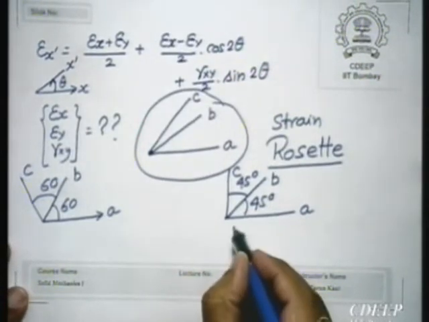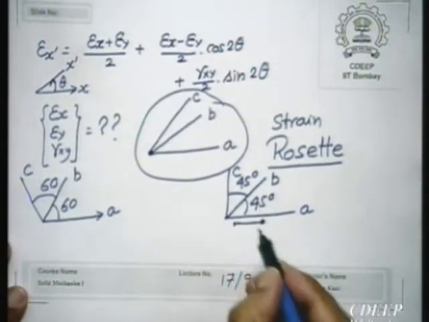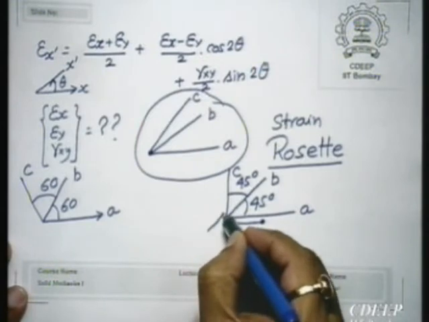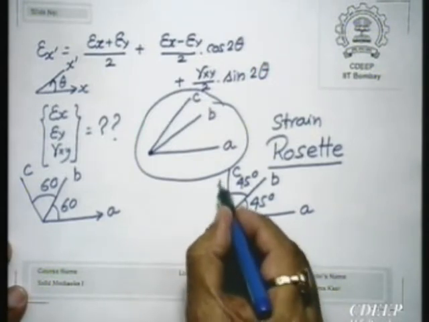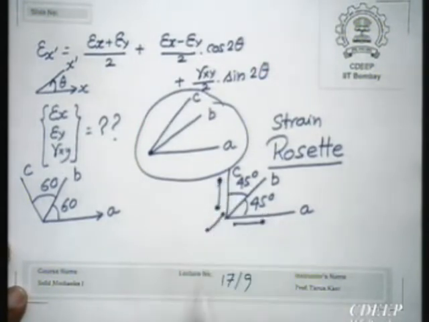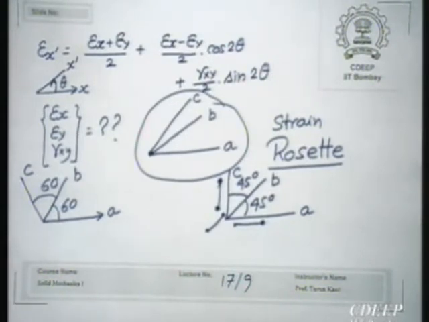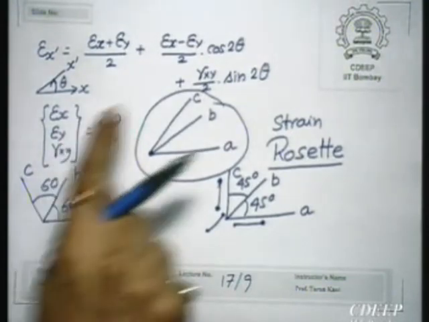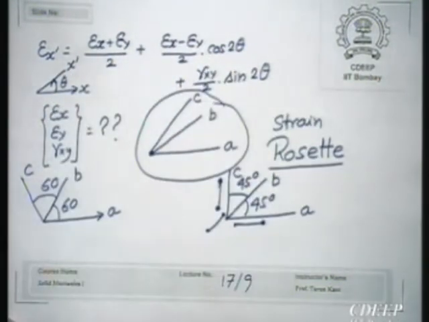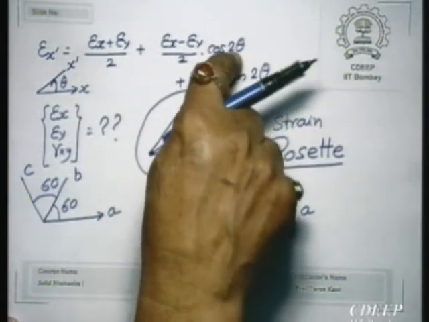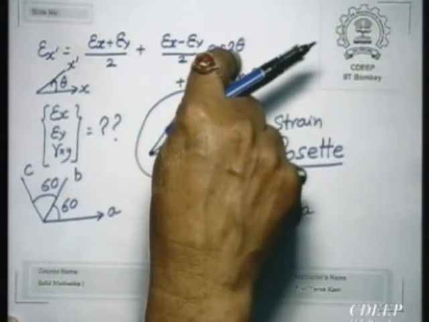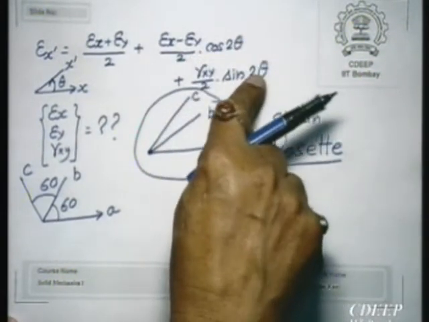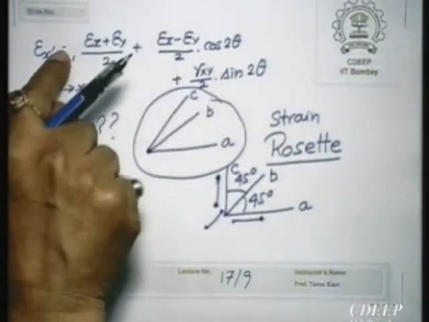One strain gauge in this direction, another in this direction, and a third in the other direction. Put theta equal to 0 for the first one: cosine 0 equals 1, sine 0 equals 0. So this becomes a very simple equation.